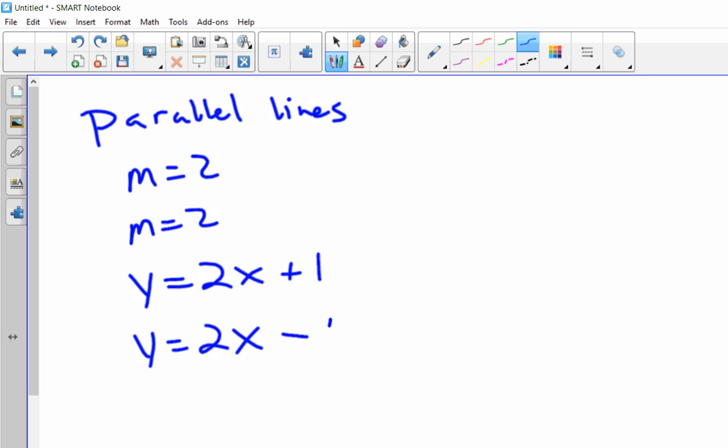Doesn't matter what the y-intercept is, they just have to have the same slope. Okay. Now sometimes we don't give you the equations in this form. You have to do a little bit of math, get y by itself to actually see that if you're doing it algebraically or moving stuff around. Okay. For perpendicular lines, we're going to look at opposite reciprocals.